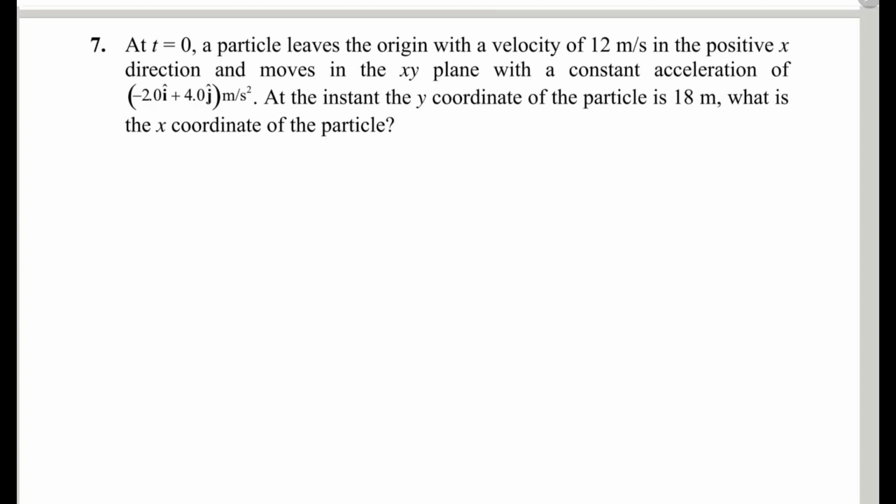Now, to solve this one, we need to calculate the x coordinate of that particle. So let's find y final equal to y initial plus the initial y velocity times t plus half a_y t squared. This is 0 because it starts from the origin, and starts from rest, this is 0 as well.